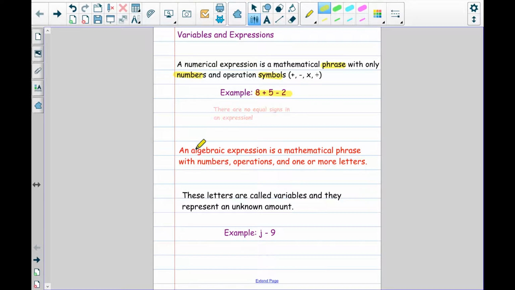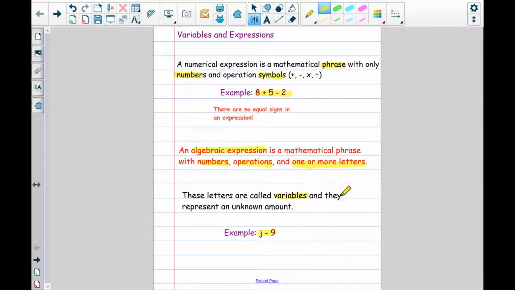An algebraic expression is still a mathematical phrase with numbers and operations, and it also has one or more letters in it. Example, j minus 9. That would be an algebraic expression because it has a variable in it.